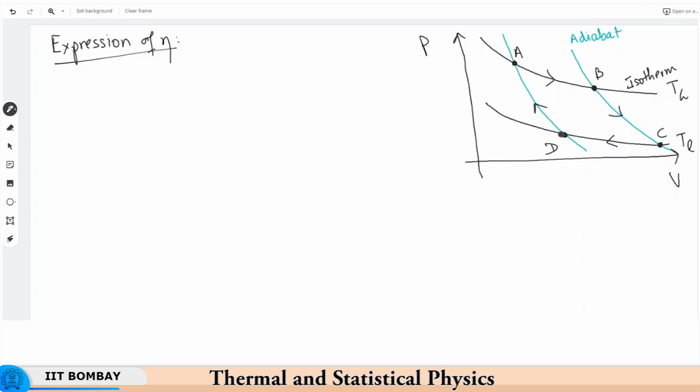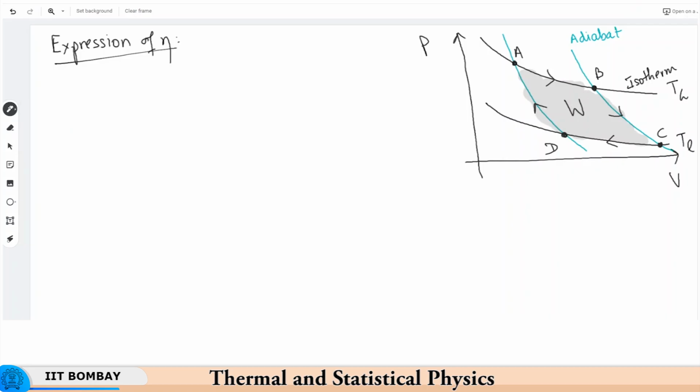Then we compress the system isothermally to decrease its volume, and again we compress the system adiabatically to go back to its initial state, right. And in this cycle there is a certain amount of work which will be extracted, and that is just given by the area between these four lines. So this is the amount of work that we can extract.